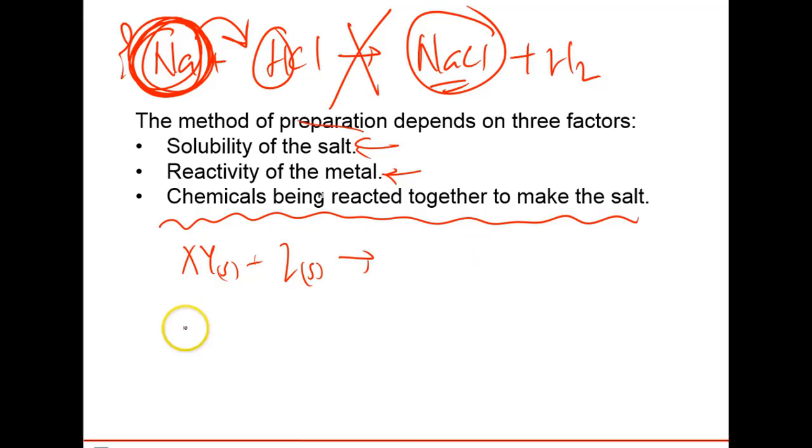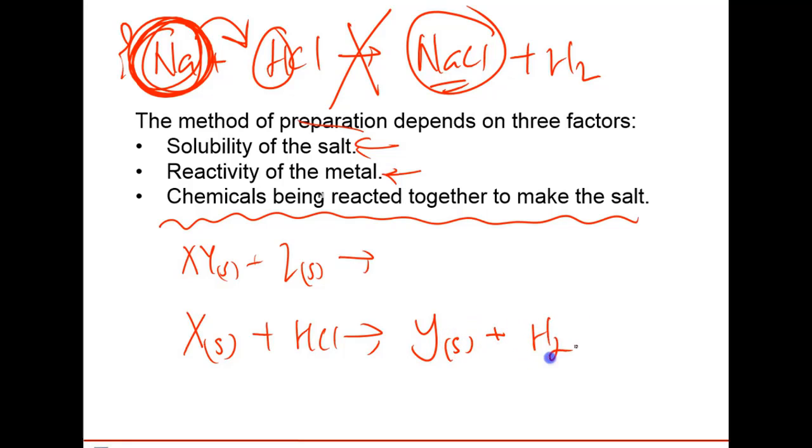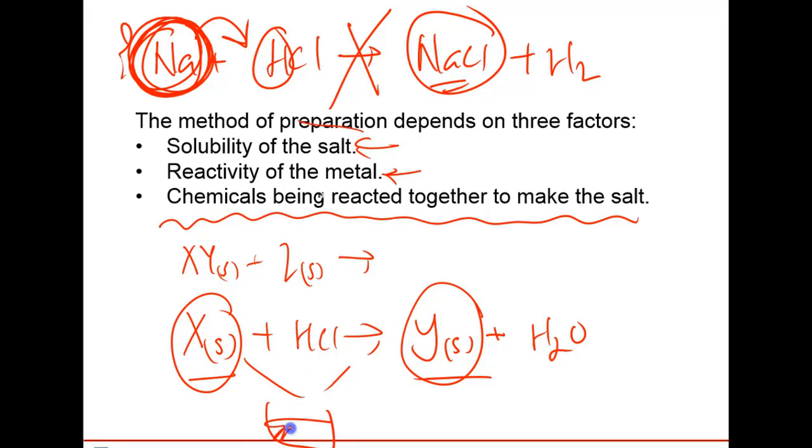For example, X is a solid, you react it with an acid and you get your salt Y, which is a solid as well, plus water. So both are solid. What happens if there's extra X left behind? It will contaminate your salt Y. Since they are both solids, there will just be one mess of solids, both X and Y, and there's no way that you can separate X and Y out.